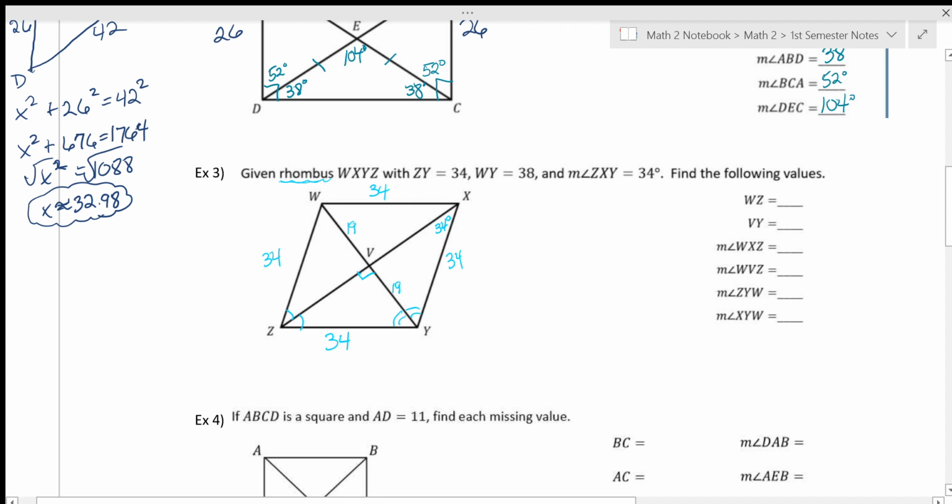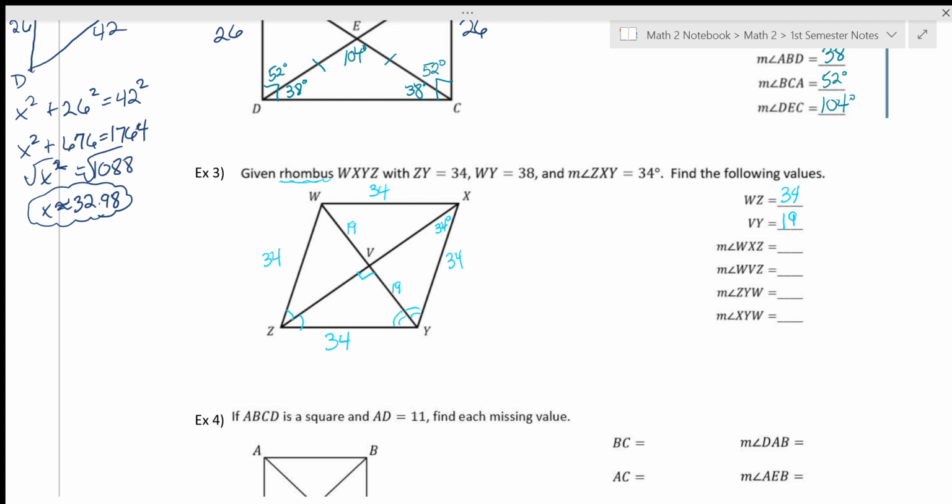So that is where it differs from a rectangle sometimes. WZ, a rhombus, has 4 congruent sides, so all of our sides here are 34. Then VY we already identified would be half of 38 because our diagonal there is bisected.